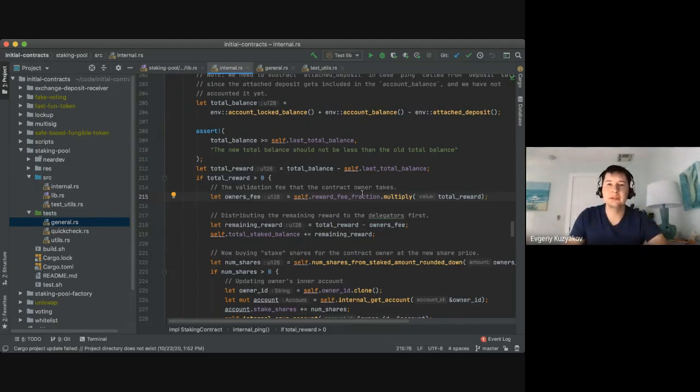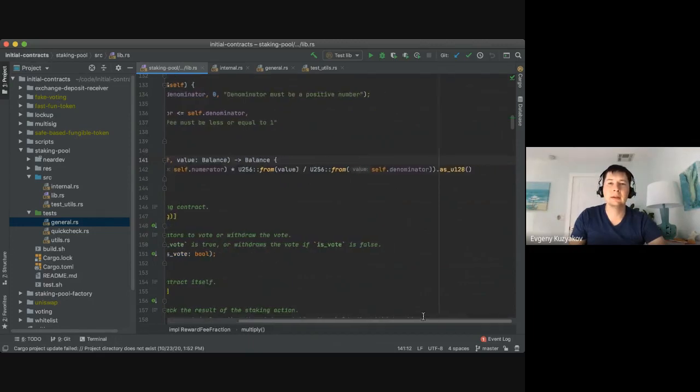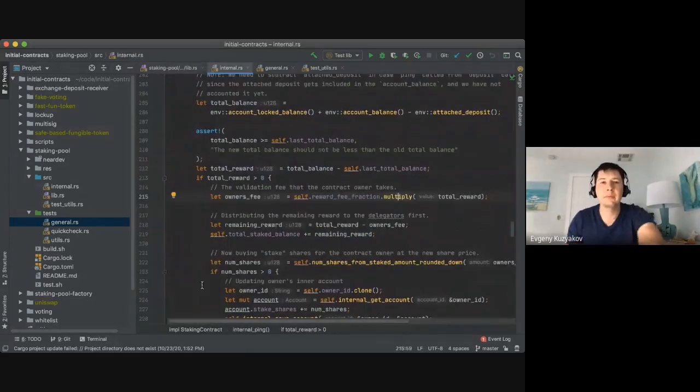So we multiply this fraction by the total reward received. And this is fairly similar, rounded down, numerator in U256 multiplied by value divided by denominator in U256. So this is the amount in yoctoNEAR that the owner will keep for themselves.